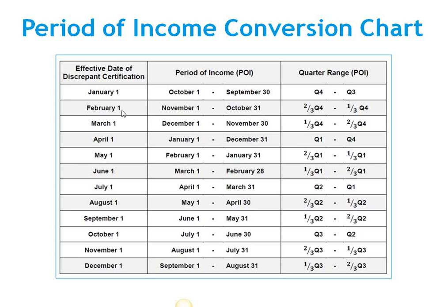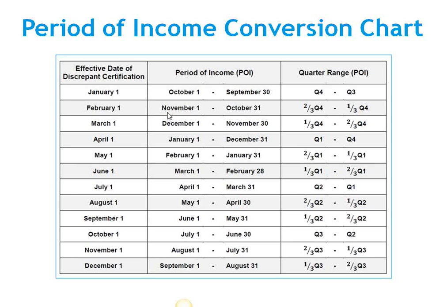And you look at this example for February, it's a dirty quarter. Actually, the February line, okay, so your period of income is November through October. You subtract 15 months from February and you get November. You run it for a 12-month period. You end up at the end of October.